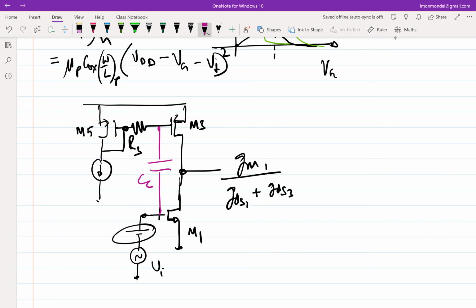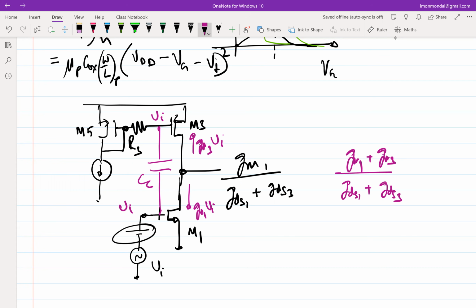Right. So you'll have signal, you have VI here, you'll have VI there. So incrementally you will have current GM1 times VI. This current will also be GM3 times VI. Your GDS hasn't changed, which means your total gain will be GM1 plus GM3 by GDS1 plus GDS3. Right?